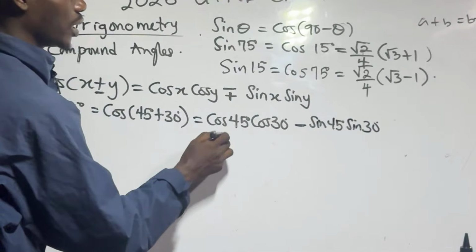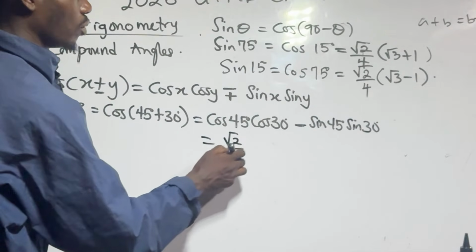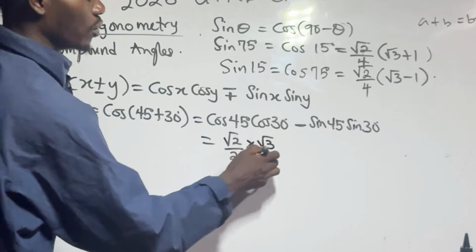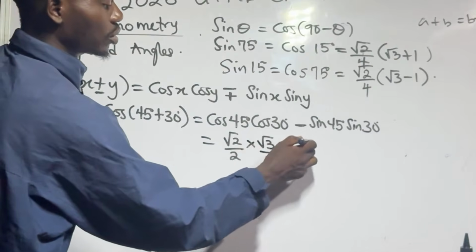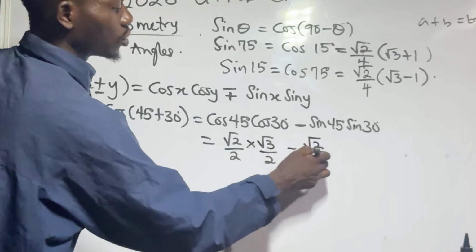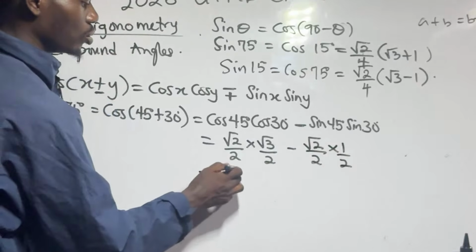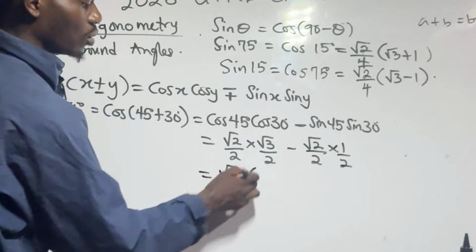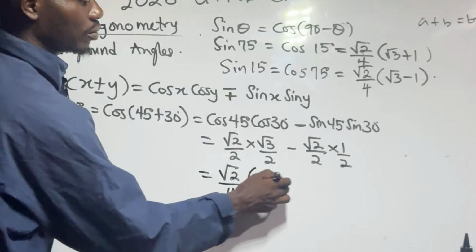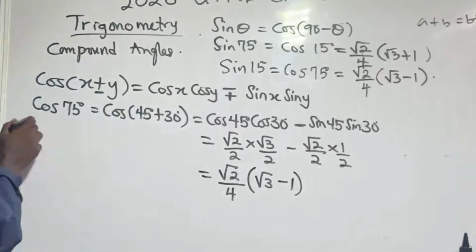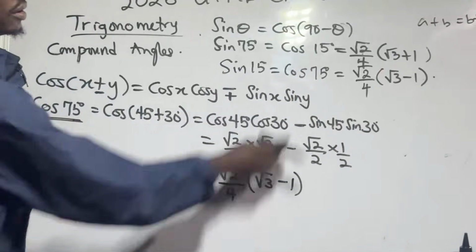So cos 45 is what? Root 2 over 2. Cos 30 is what? Root 3 over 2. Minus this one is what? Root 2 over 2. And this is what? 1 over 2. What do you have in common? Root 2 over 4. What do you have left? Root 3 minus 1. You can see that is what we have here. So that is to tell you that your cos 75 is that.